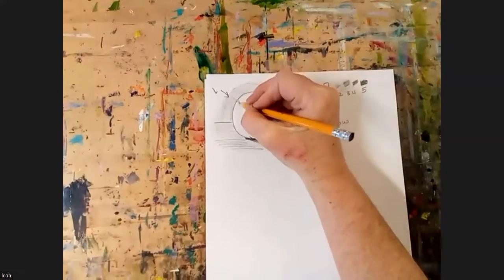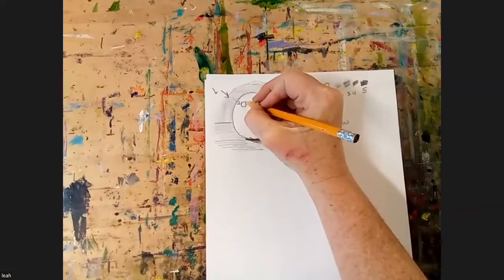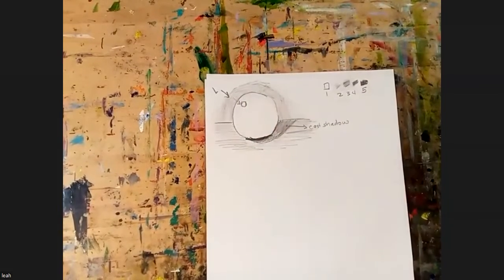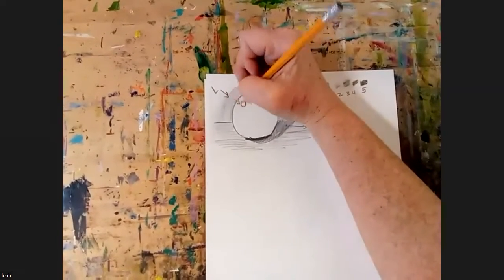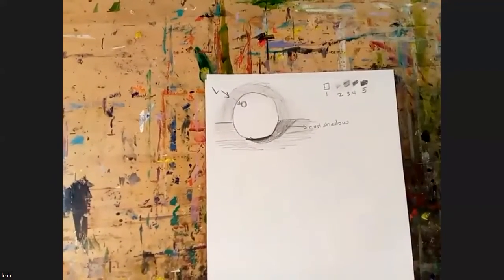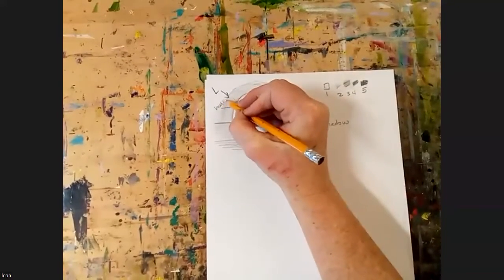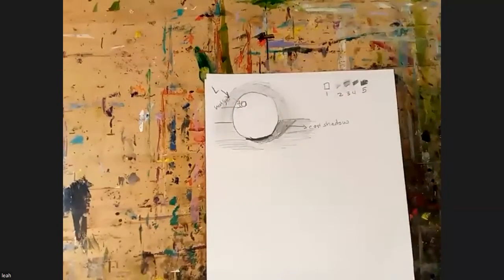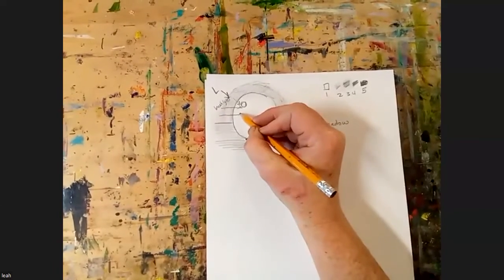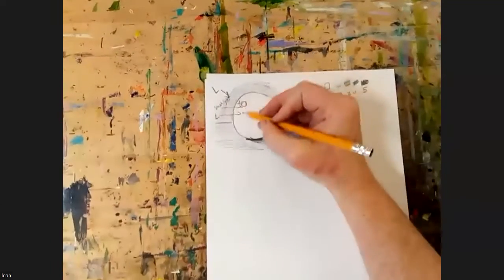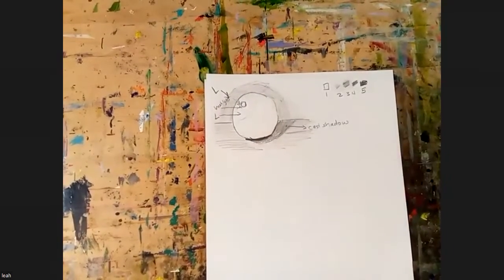It's bouncing off here. And you know how there's always that kind of highlight that's very white? The closest area to where the light hits is the highlight. And then this is kind of the general light area, this area here. Okay.